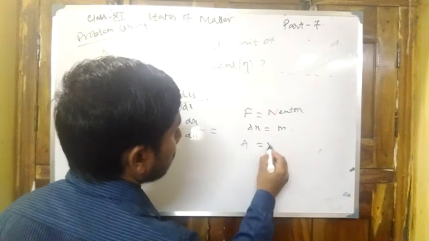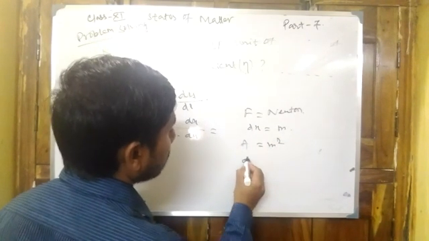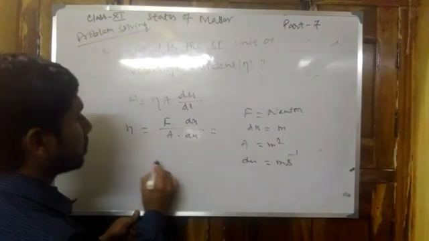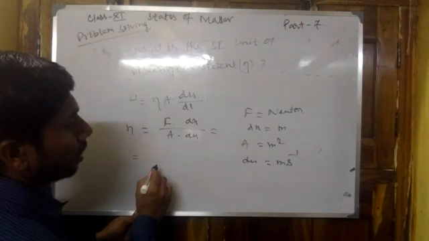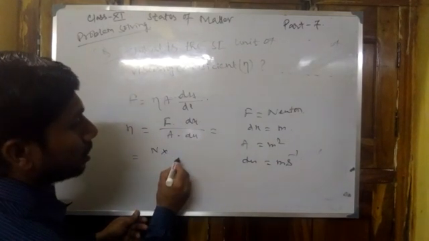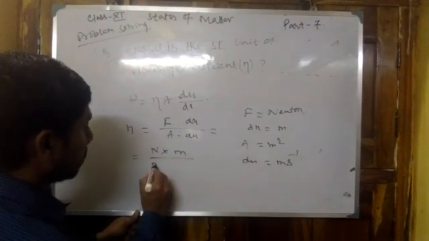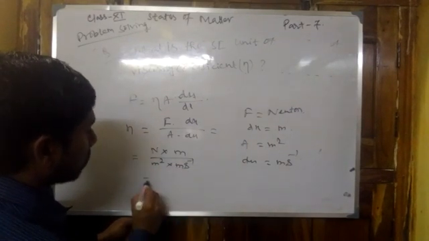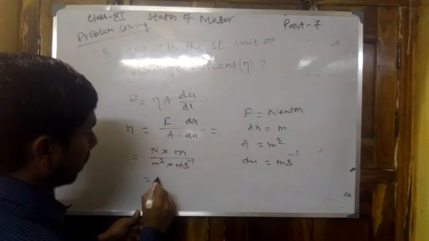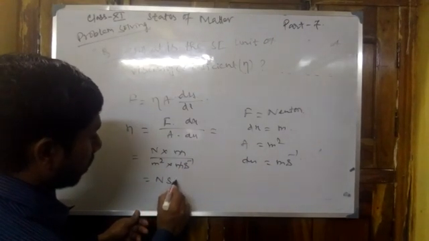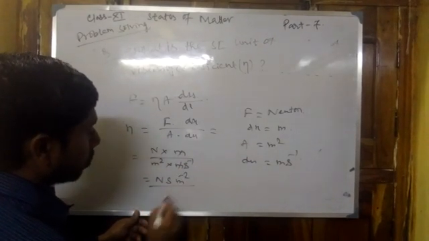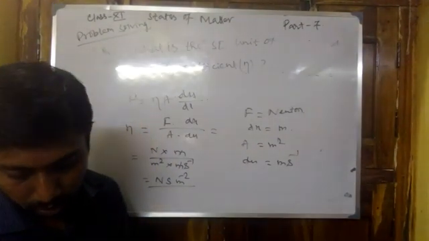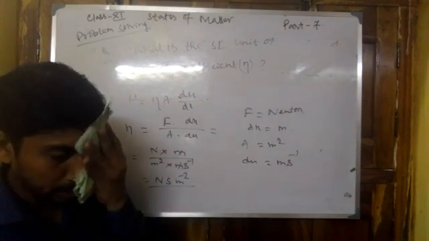A is the area, that is meter square, and du is meter second inverse, because du is the velocity. Then eta equals Newton, meter, divided by meter square and meter second inverse. Now simplifying this, that is N s m to the power minus 2. So it is the dimension or the SI unit of the viscosity coefficient.